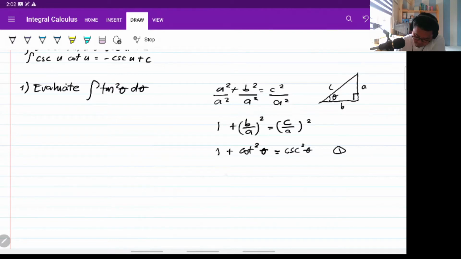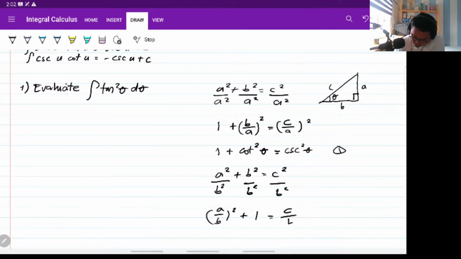So continuing, a squared plus b squared equals c squared. So if I wish to divide this by b squared, this becomes a over b squared plus 1 equals c over b squared. Okay?